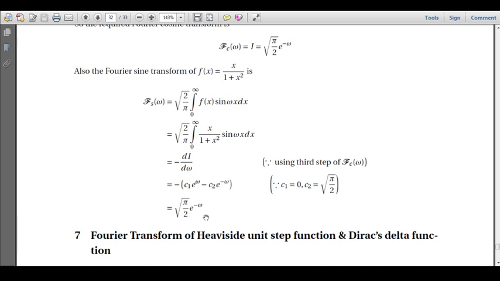Then term by term division. All these are to get the integral 0 to infinity sin omega x by x dx. We can rewrite that integral using the definition, integral 0 to infinity sin omega x by x dx is equal to pi by 2. That is the key step. So that's all about this problem.